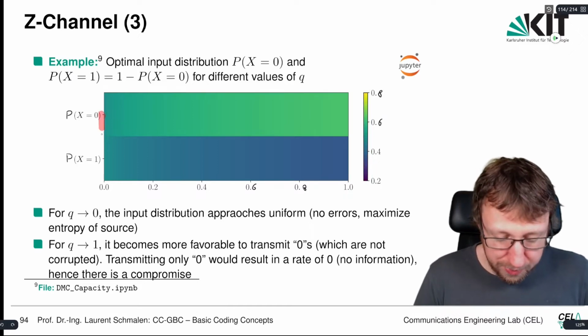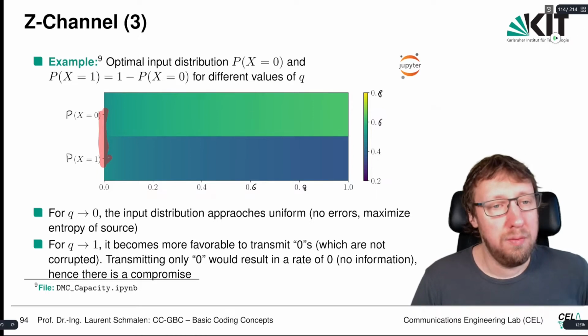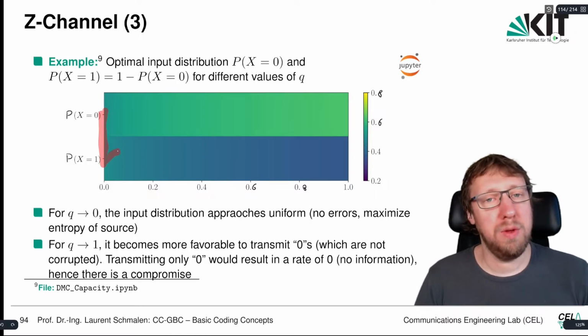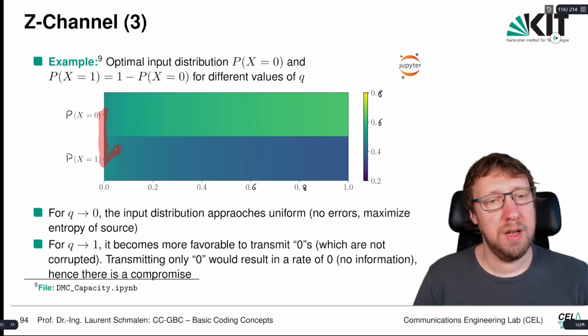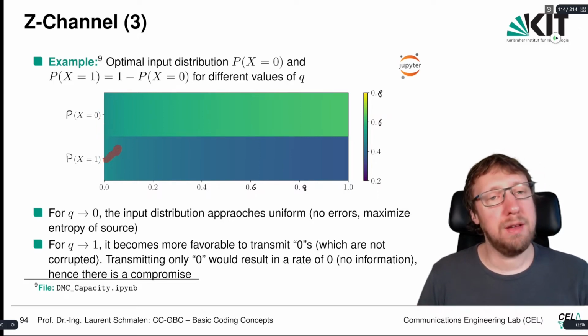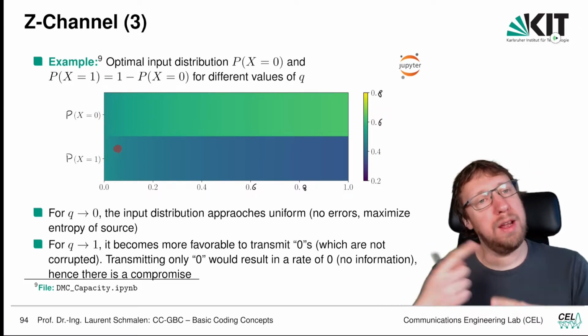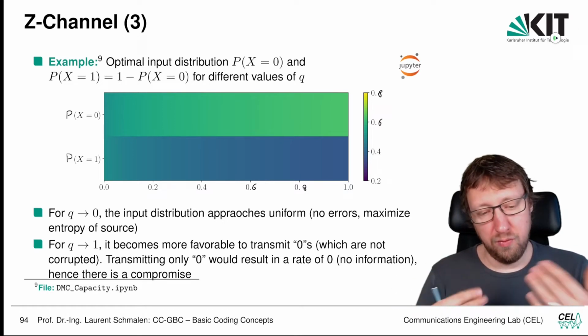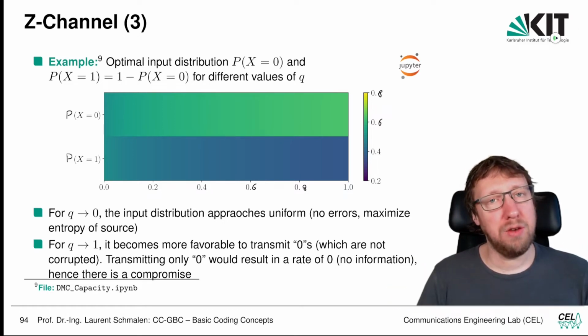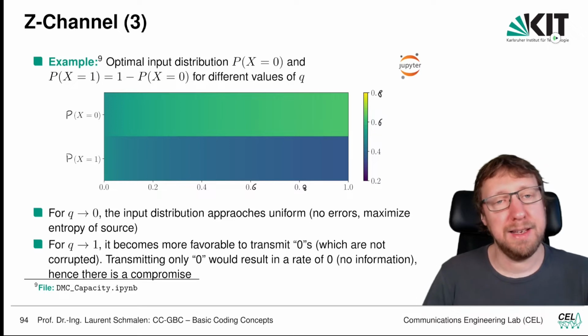If Q is equal to 0, then P of x equals 0 is equal to P of x equals 1. Makes sense. If there are no errors, then we should just transmit 0 and 1 at the same rate, because that gives us the maximum entropy, the maximum amount of data, essentially.